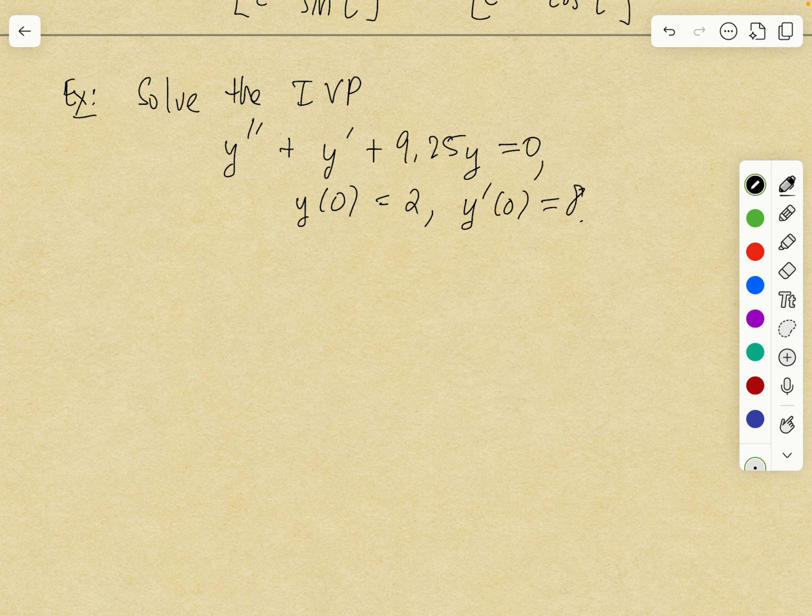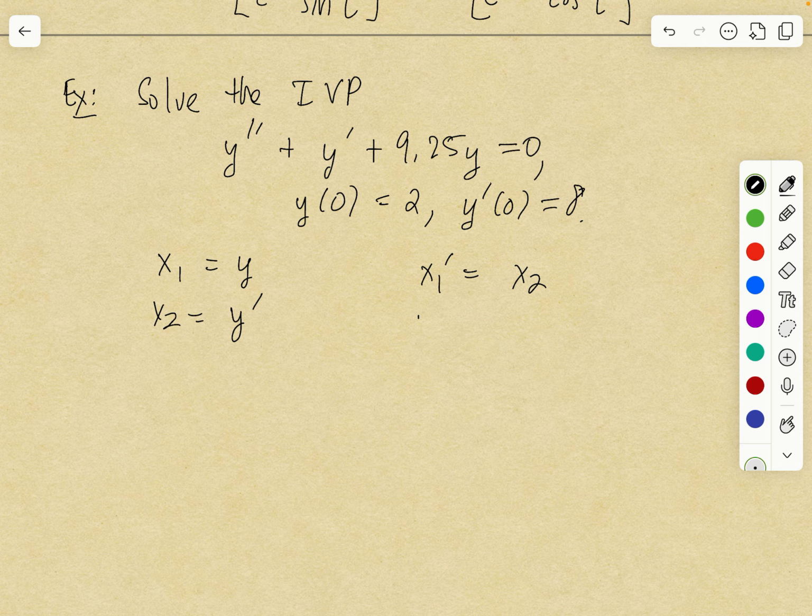So the first step is to turn this homogeneous equation into a system of equations. The way you do it is you let x1 be y and x2 be y prime. Then this original equation, y double prime plus y prime plus 9.25y equals 0, can be written as x1 prime equals x2. That just tells you that the derivative of y is y prime.